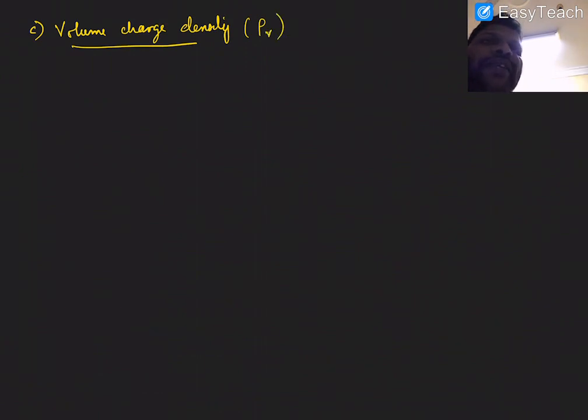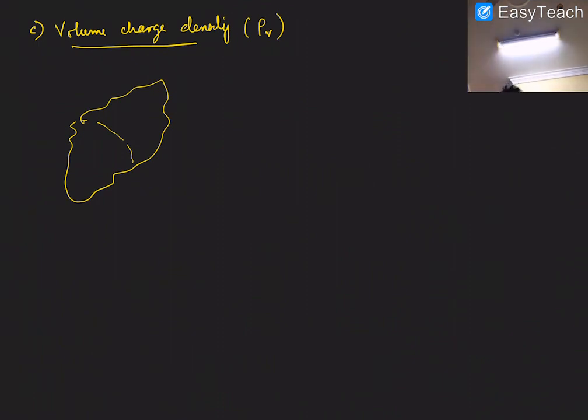So let us consider some volume, an object with some volume. A three-dimensional view is difficult to draw anyway.